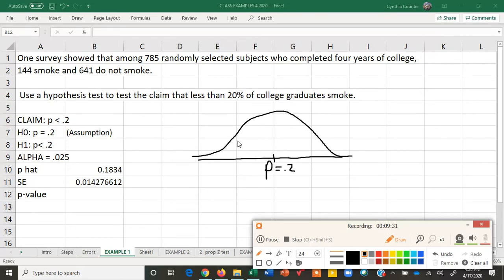And here is where we have our p hat, equal to 0.18.